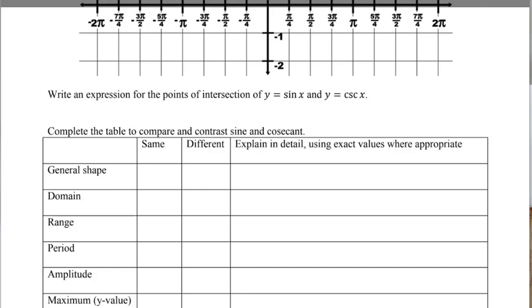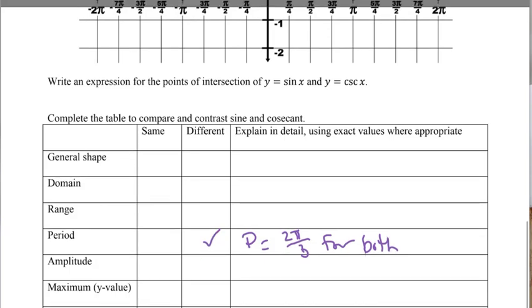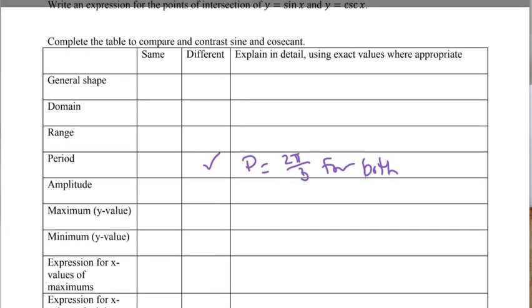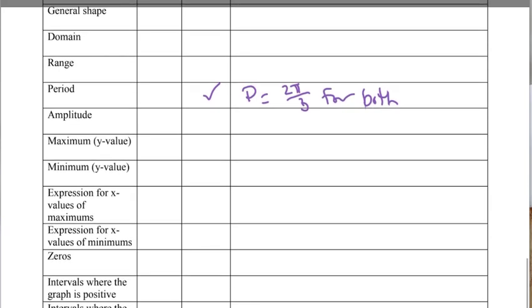So you could check that the period for both is 2 pi over b, and explain that that is because two branches are included. Amplitude, maximum and minimum values, we've listed those. Talk about whether they are different or the same. And then the expression for the values, this is what we're going to cover in class.